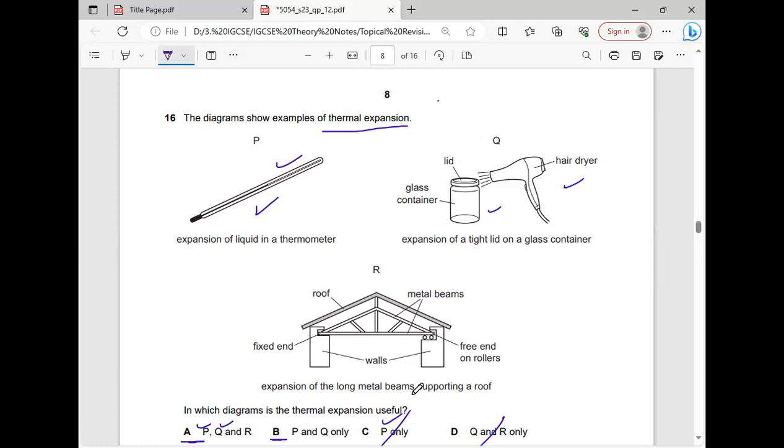Expansion of the long metal beams supporting a roof. When they expand, they will exert pressure on the walls, and walls can collapse. So this is not a useful example of thermal expansion, or it is not helpful. So which option is correct? Option B is the correct answer.